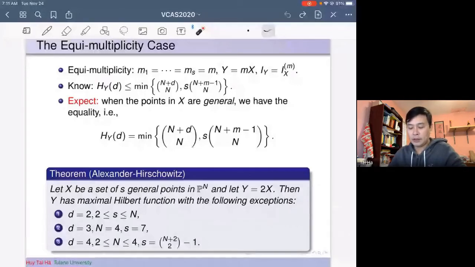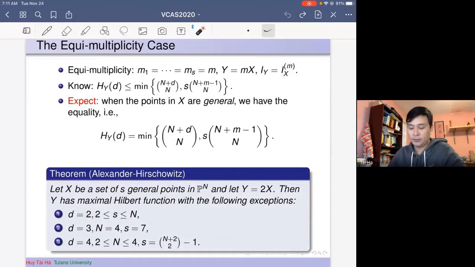The theorem is that if we start with a collection X of s general points in P^n, and Y is the collection of double points supported at X, then Y has maximal Hilbert function with the following exceptions.